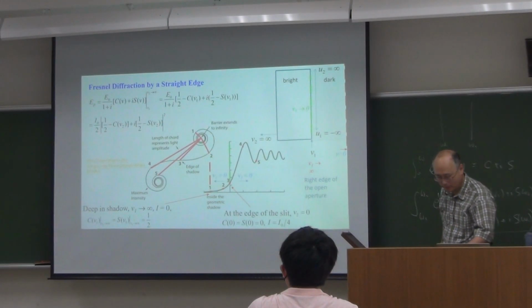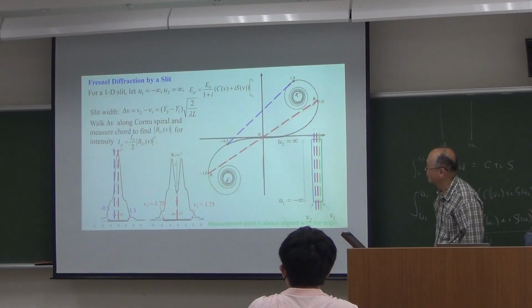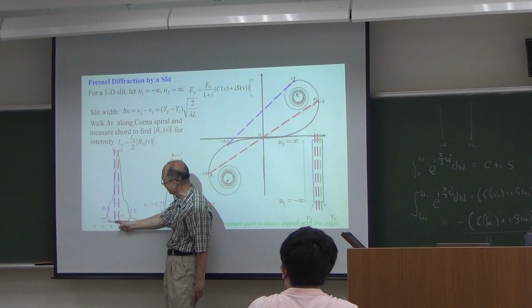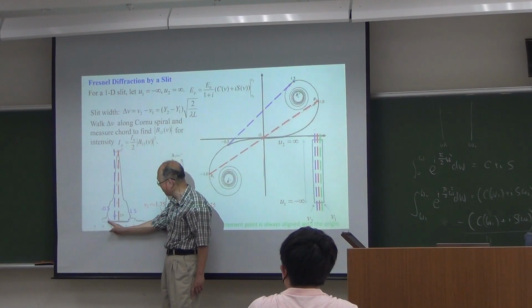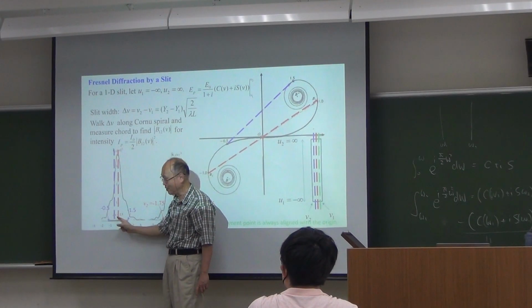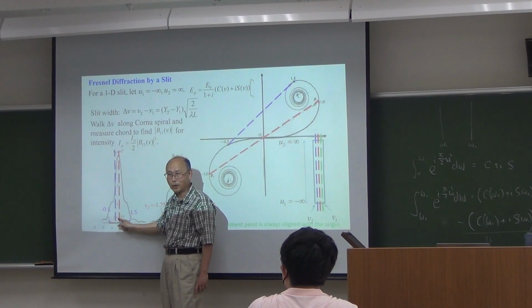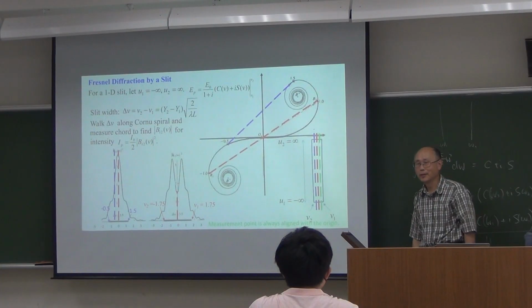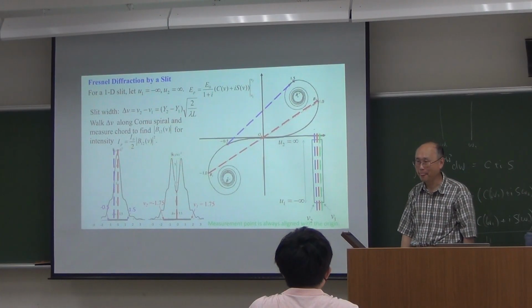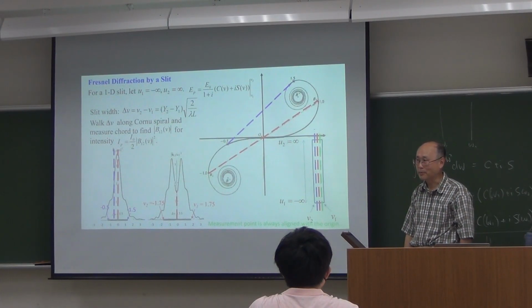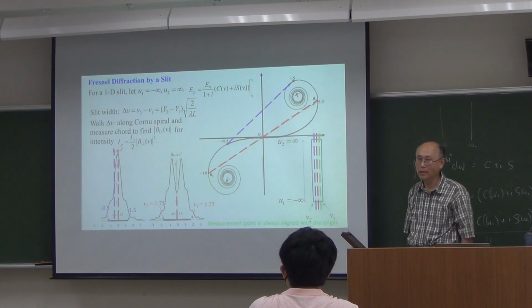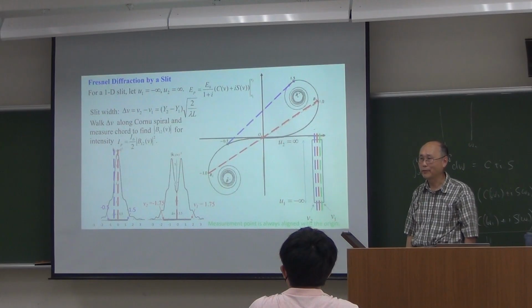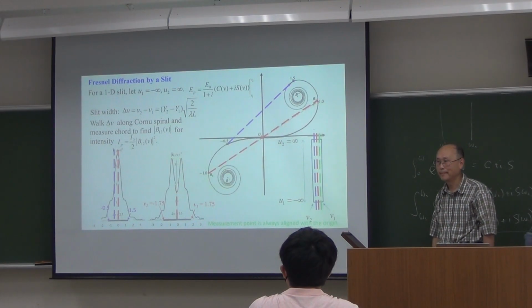Okay. For the previous example, whenever you're looking into intensity at one location, you define your origin, and then you have to figure out your V1, V2 value based on the new origin. So this is the simple two steps to construct the diffraction pattern, diffraction intensity for Fresnel diffraction.